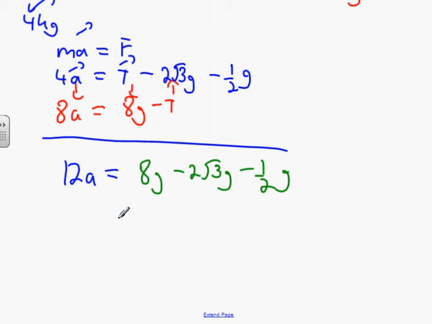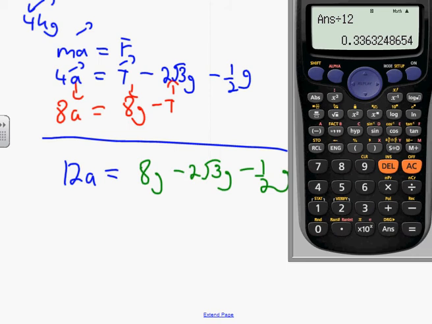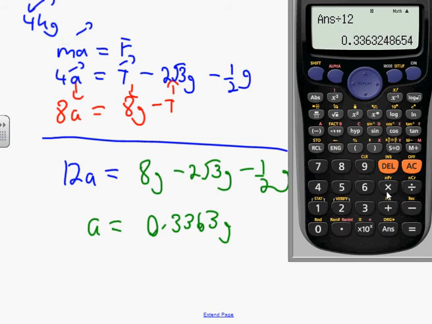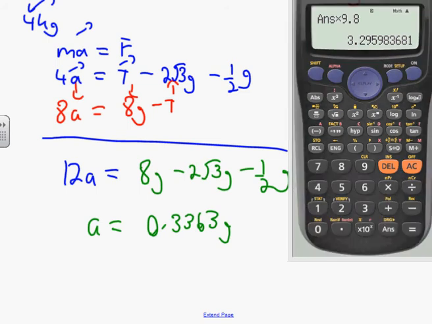Let's just overdo the decimals at this point. Did I divide by 12 that time? Yeah. So 0.3363 G. And to fix the G, I need to multiply by 9.8. And now what I'm going to get here is 3.296, rounded.